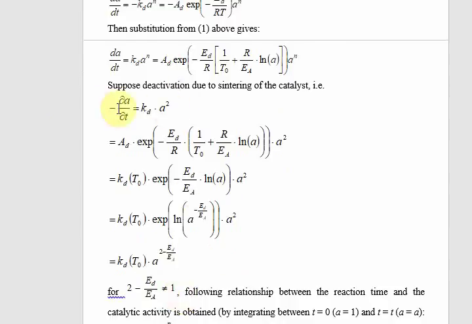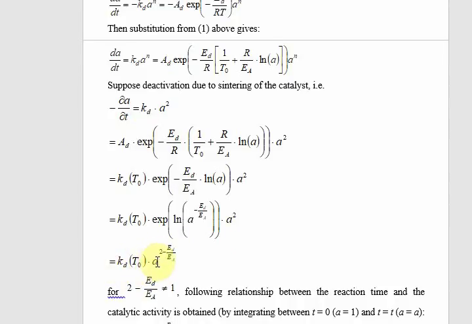So now we have dA dt equals this thing. And this in front here is just a constant. This is the kinetic constant at a specific temperature T naught, which is also constant. So that's all nice and constant.